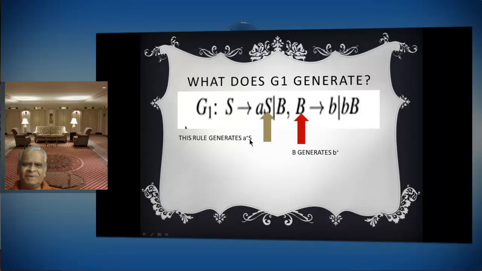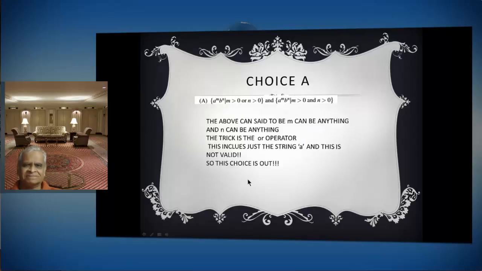Then S goes to B. B generates B plus. So this generates the language A star B plus. But I need not use this rule. So I will have, for example, S going to B and B plus alone will come. Or it can be preceded by A's, as many A's as we want. So it's going to be this language A star B plus.